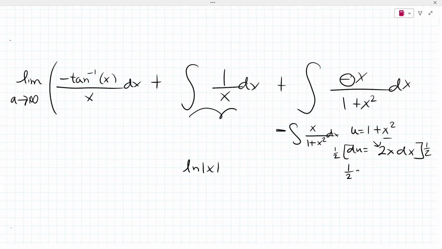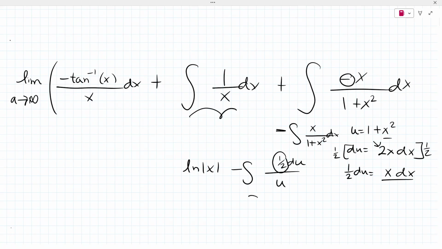It's 1/2 du, and then this is 2 times 1/2. The 2's cancel, so you're left with x dx. And so you can write this as the minus integration of u, and then you can replace x dx with 1/2 du.